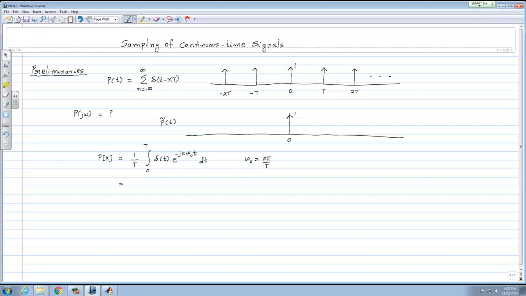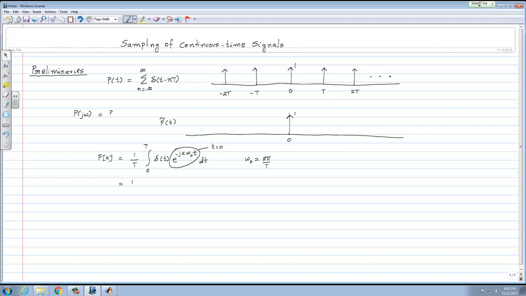And what does this integral evaluate to? Integral delta of t times something dt. Yeah, so this is simply this function evaluated at t equal to 0, right, which is 1.